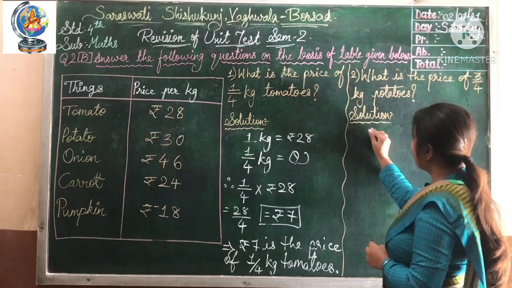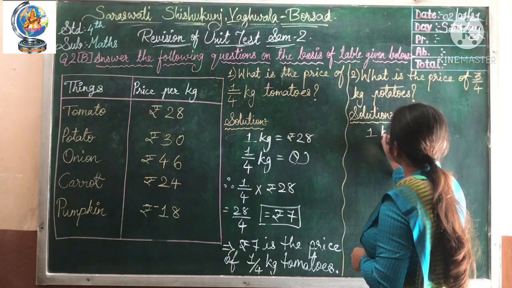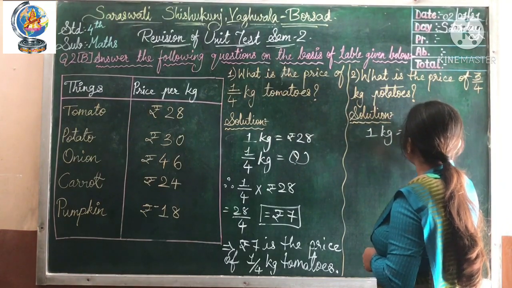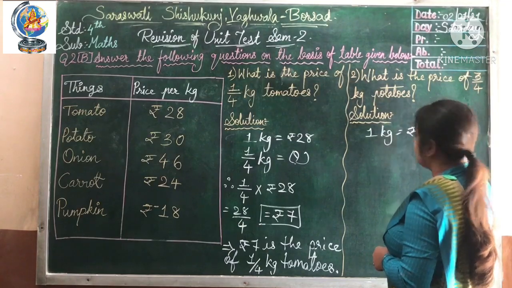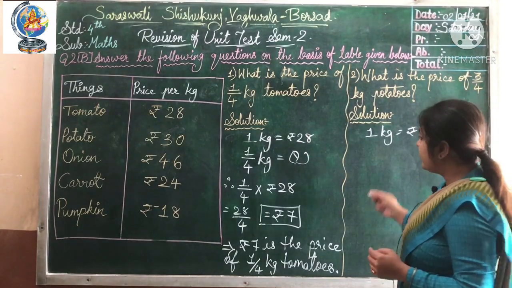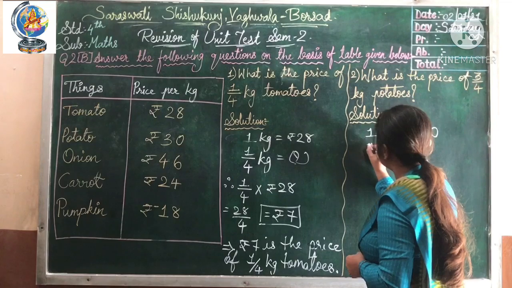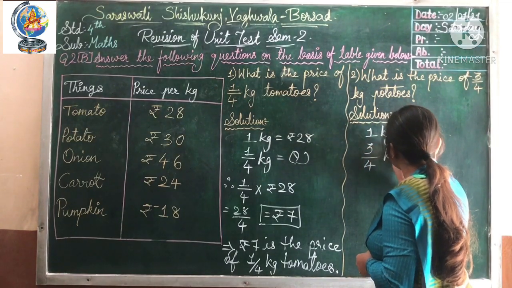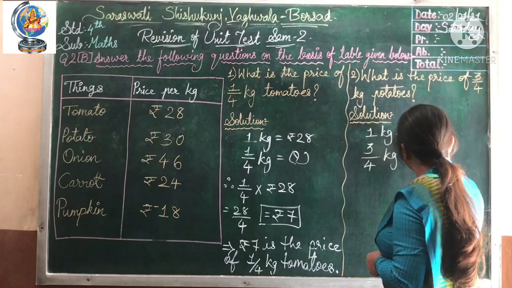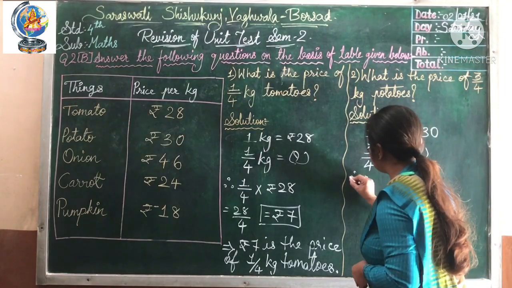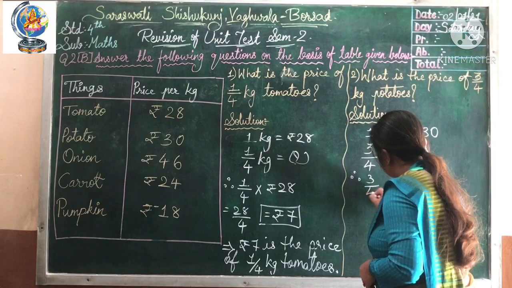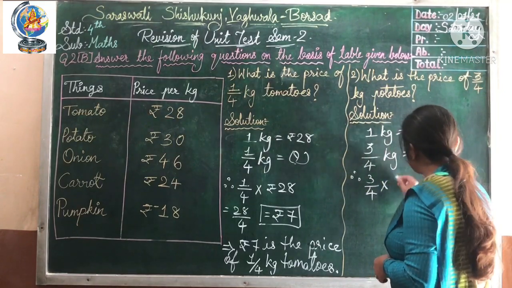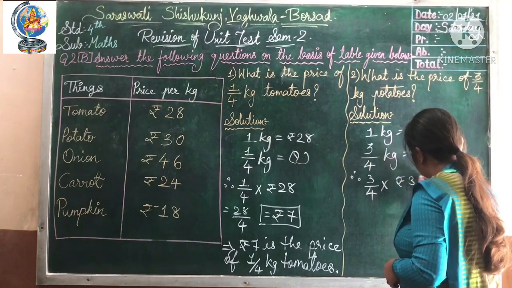Okay, so 1 kg is equal to rupees 30 for potato. So 3/4 kg is equal to question mark, right? So we can say that therefore 3/4 multiplied by rupees 30.